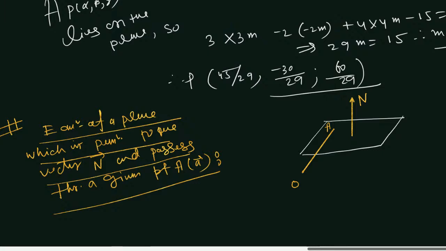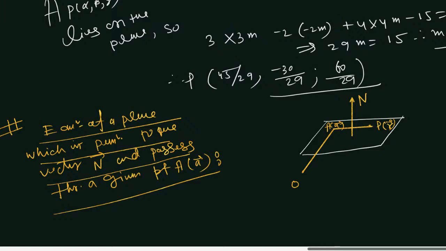Now, this point has a known position vector. An arbitrary point always you have to take, as you have seen in the case of a straight line in 2D and 3D. It was xy in 2D, xyz in 3D. So you always take the arbitrary point whose position vector is r.